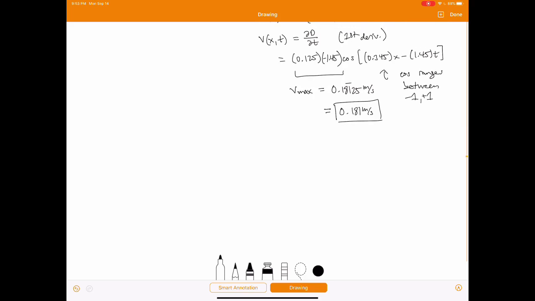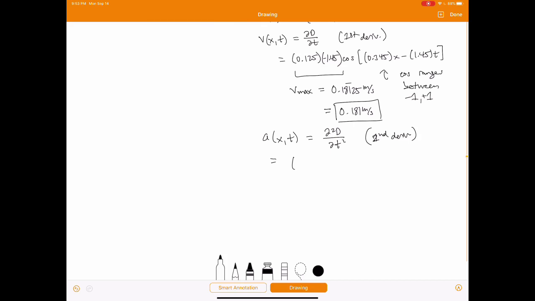Okay, so next, we'll do acceleration as a function of x and t. That's going to be the second derivative with respect to time of our displacement. And of course, we already have the first derivative. So what we can do is take another one.